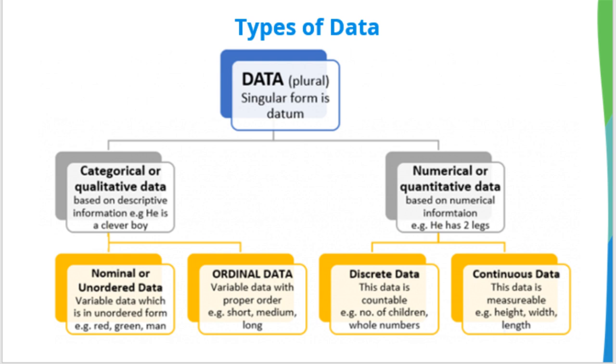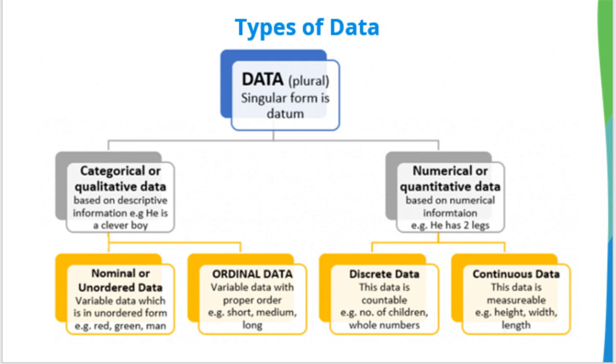Or you have another variable in your data set called education level. You have high school, bachelor's, masters, and PhD. That comes with order. High school comes first, bachelor's follows, masters follows, PhD follows. Or you have a rating.